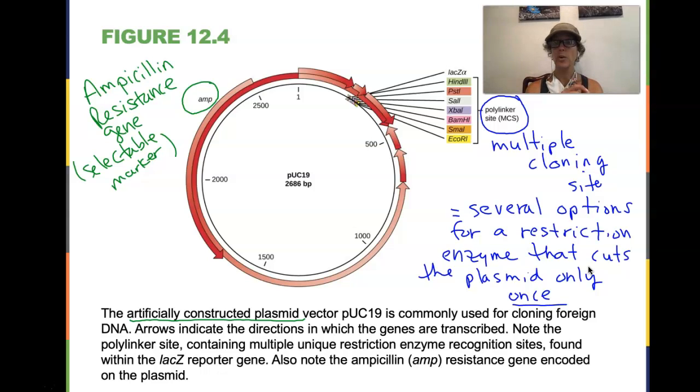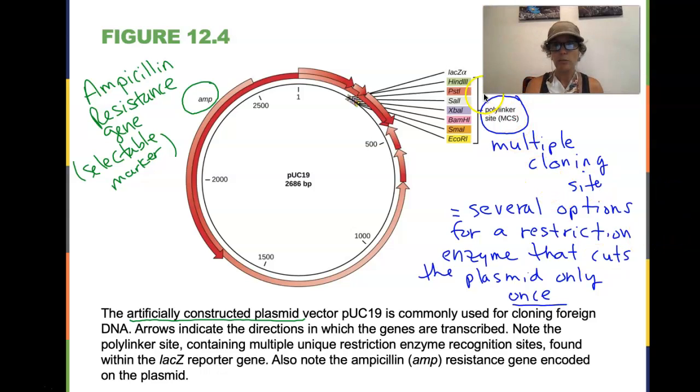We want to cut it only once because we want that circle just to open up to accept the piece of DNA we're interested in cloning. If we cut it a bunch of times, then it's just a bunch of linear pieces of DNA that are not going to likely reassemble into this nice circle.